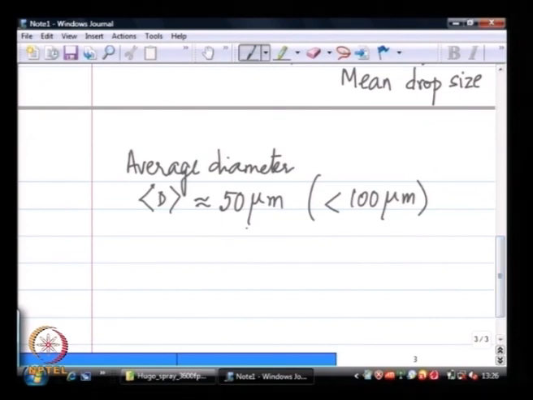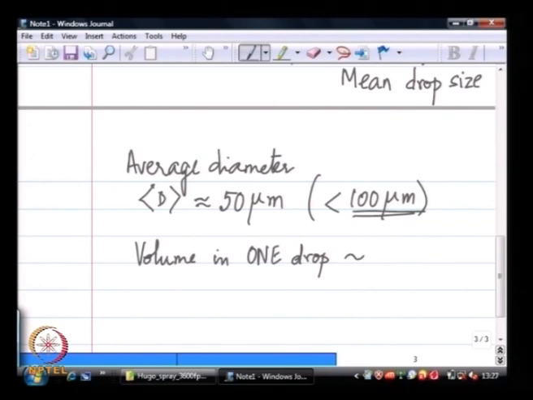So, from this information, and I will use this 100 micrometers only because it is easy to do the multiplications, we want to calculate the volume in one drop. From here on I am going to drop the equality sign in place for the order of.